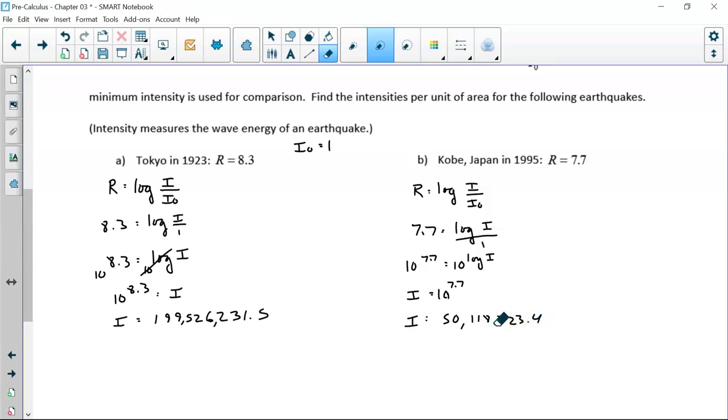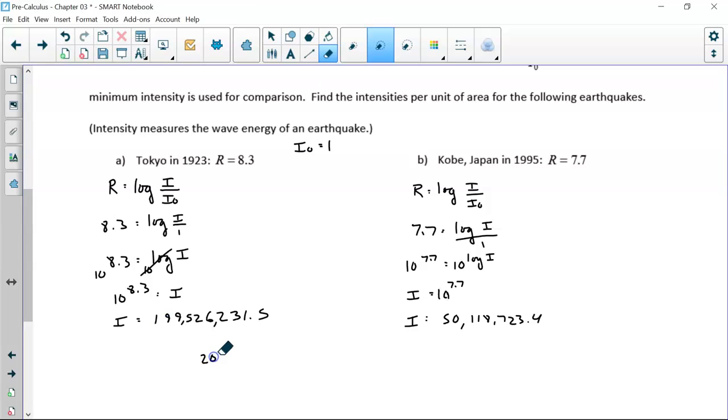you can see it went from almost 200 million to 50 million. That's quite a big difference. So that difference of 0.6 on the Richter scale was actually 4 times the intensity of the 7.7.